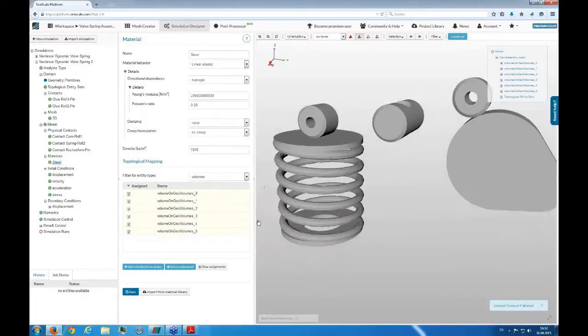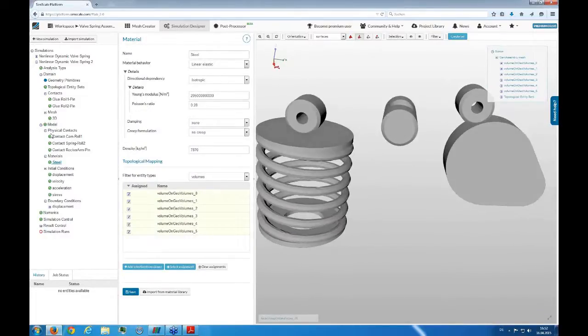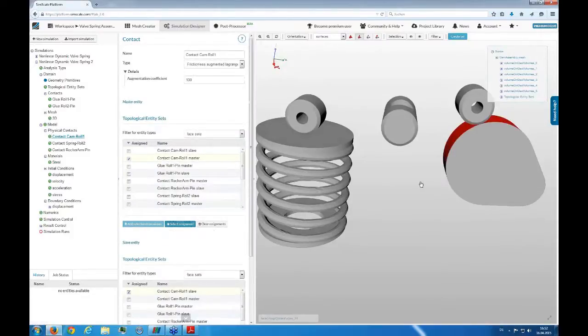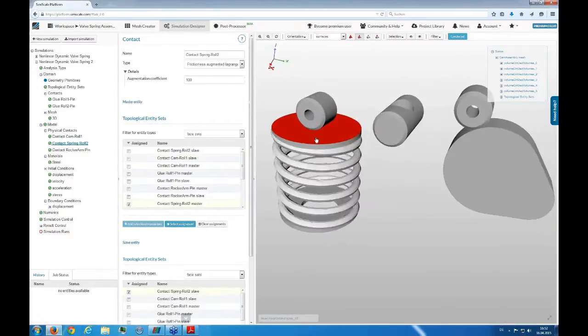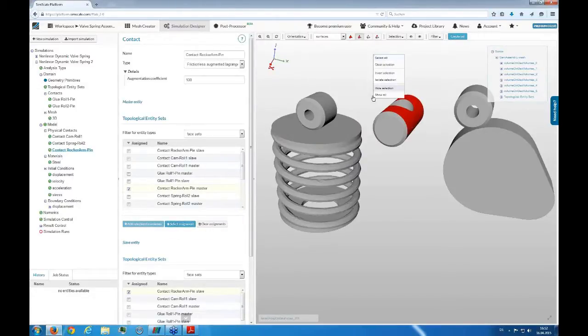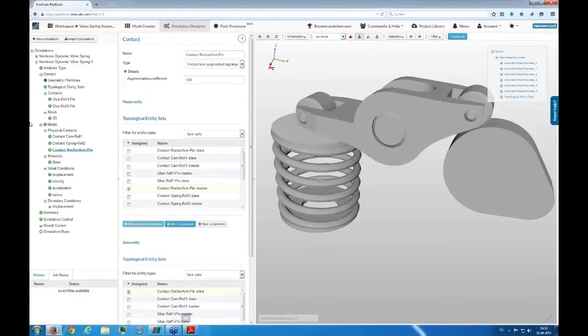Then we go to the materials. As physical contacts, we define three. First of all, again, the cam and the roller, then the spring and the other roll, and the third one is the pin of this rocker arm to the rocker.